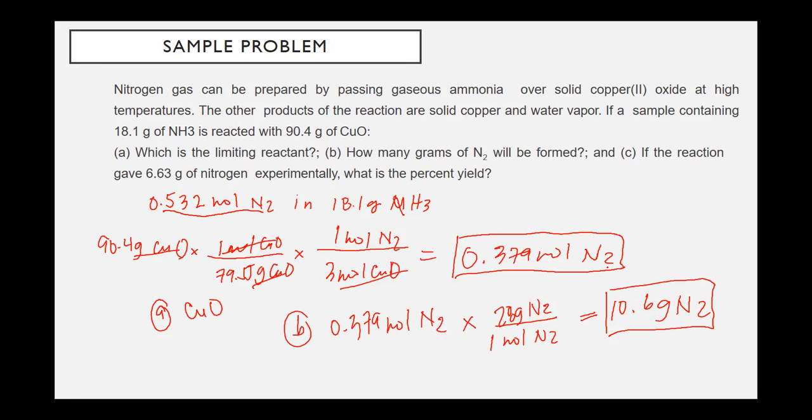Ito yung ating theoretical yield. And given natin na yung actual yield, kasi yun daw yung na-produce experimentally. So yung actual yield natin, yun yung napoproduce natin, nagawa natin. Yung theoretical yield, we can get it by computing it from the balanced reaction.